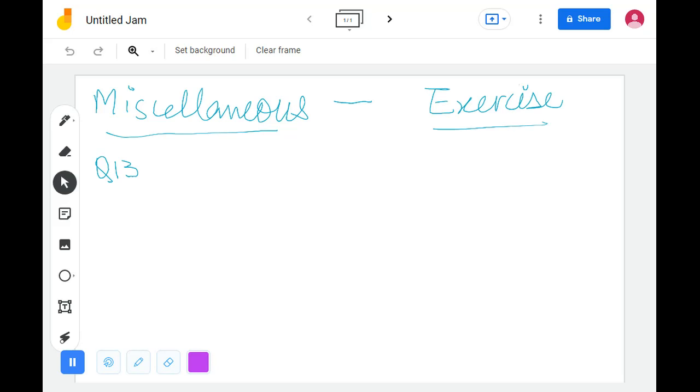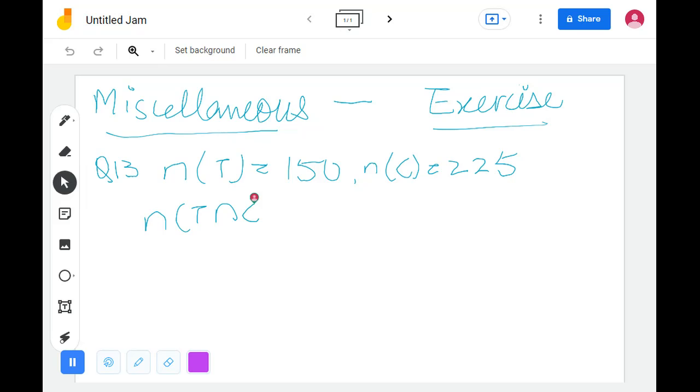What is given to us is the number of students who choose tea, that is 150, and the number of coffee is 225, and both is T intersection with C, that is 100.